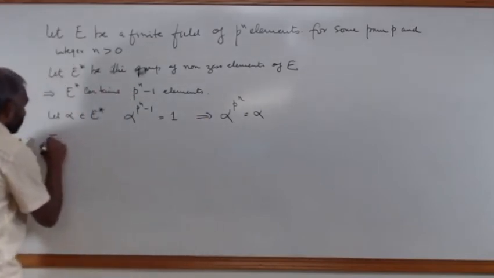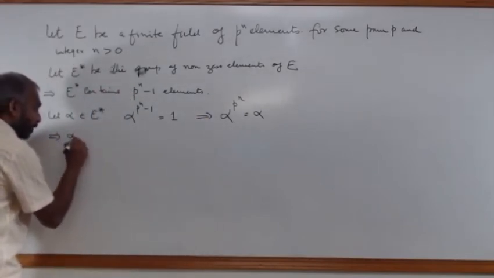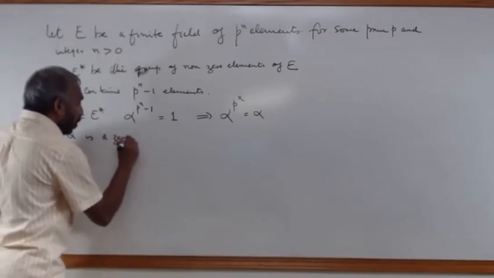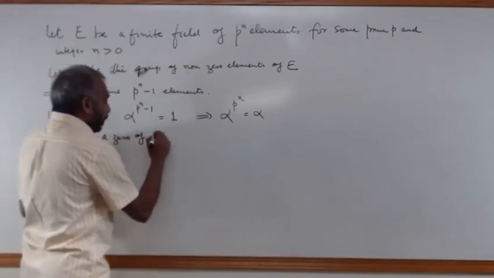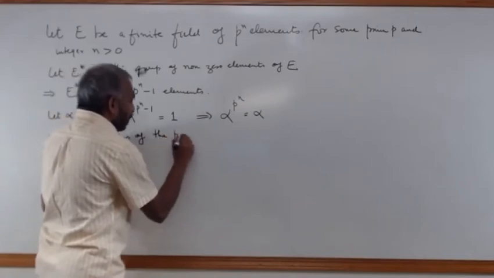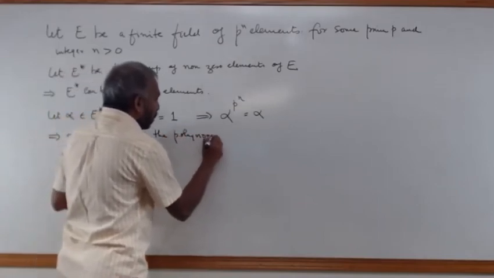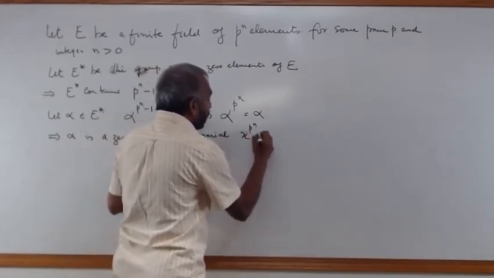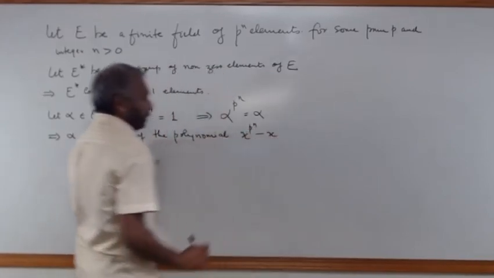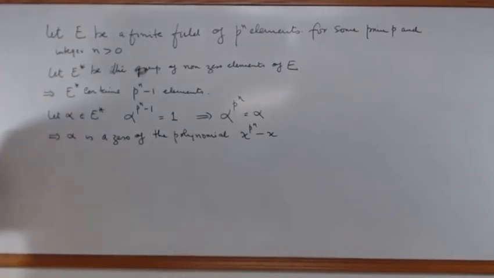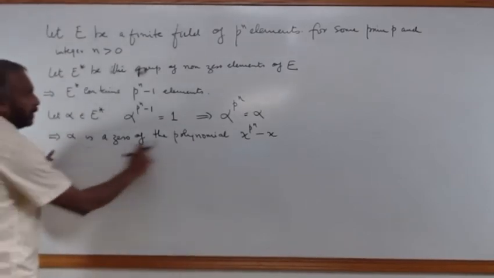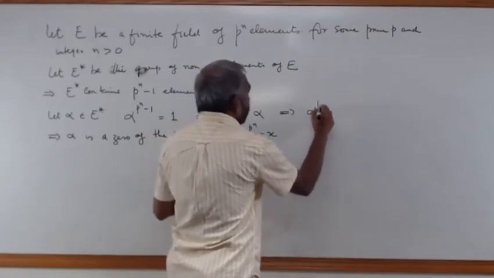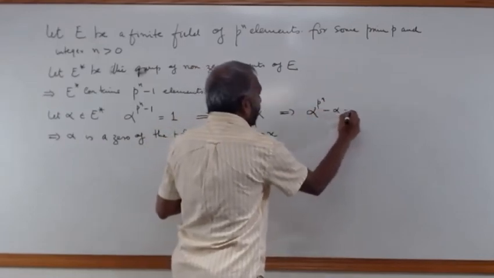That means alpha is a 0 of the polynomial x to the power of p^n minus x, because this implies alpha to the power of p^n minus alpha is equal to 0.